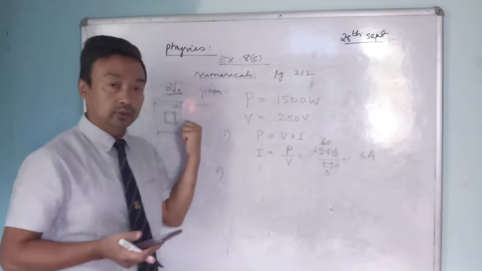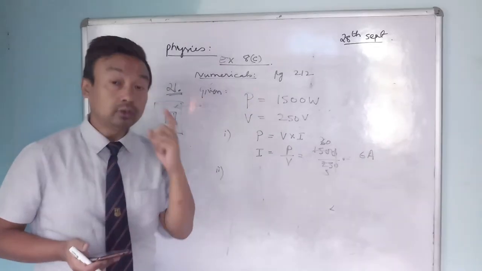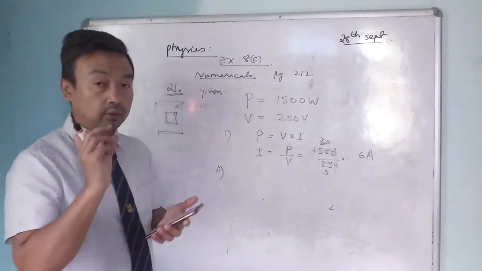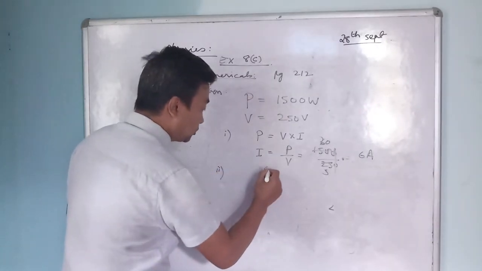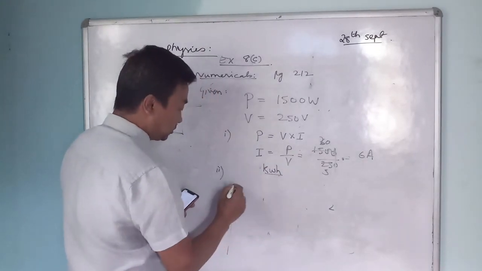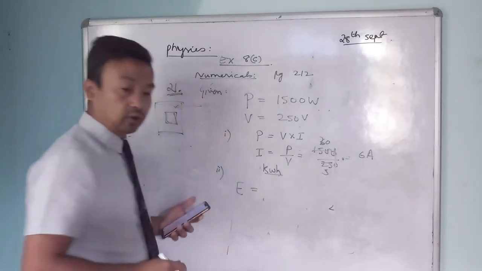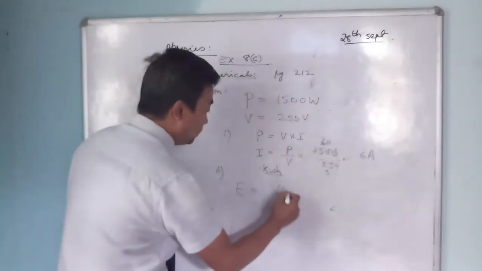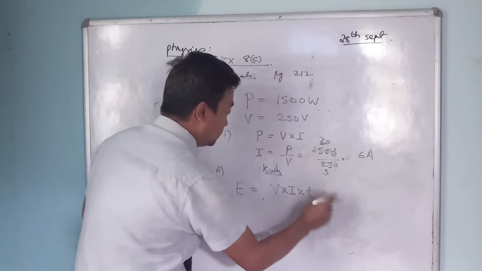In that case, we have to use the commercial unit, and the commercial unit will be kWh. The formula you have to apply is V into I into T.